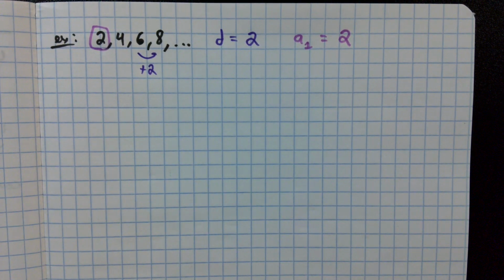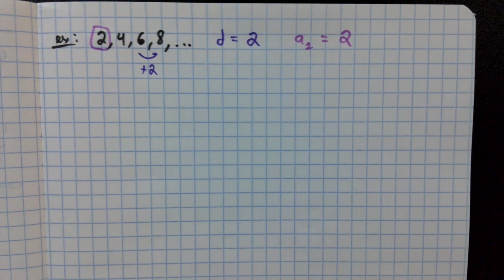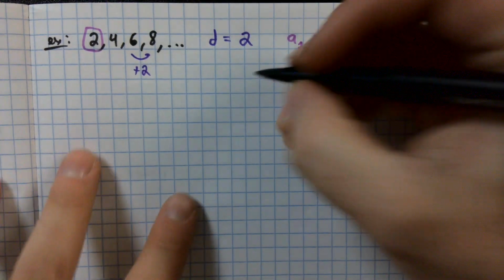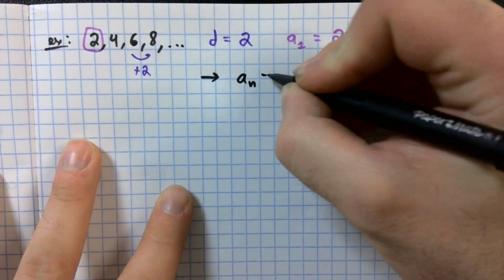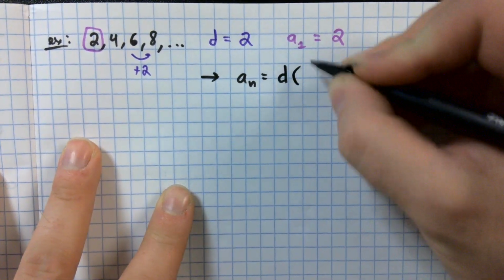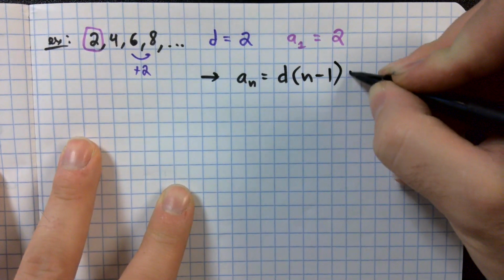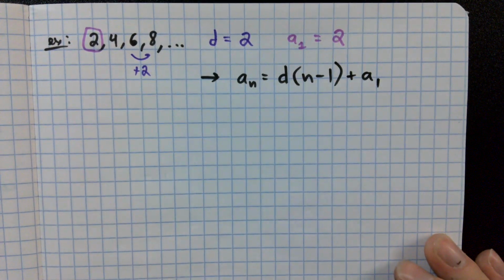My a sub 1 is equal to 2. So I'm going to set up my equation. A sub n is equal to d times n minus 1 plus a sub 1.